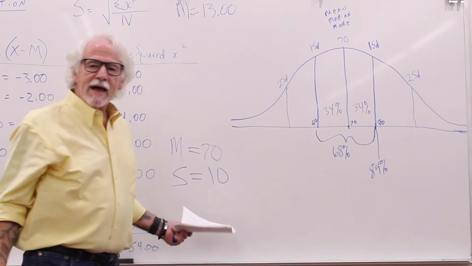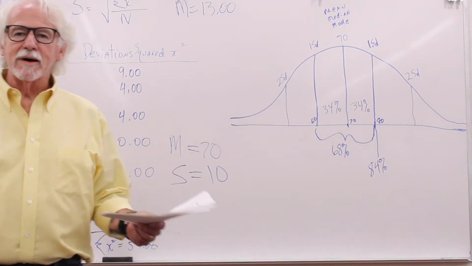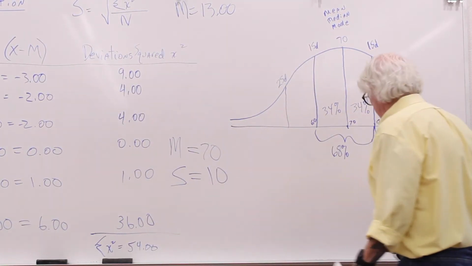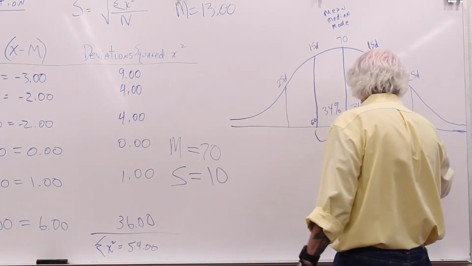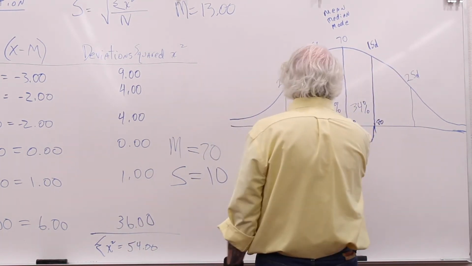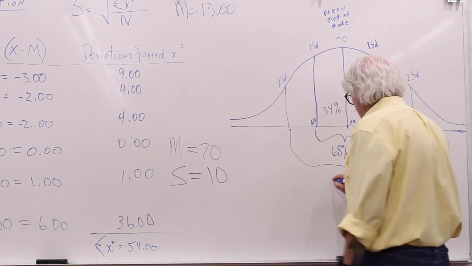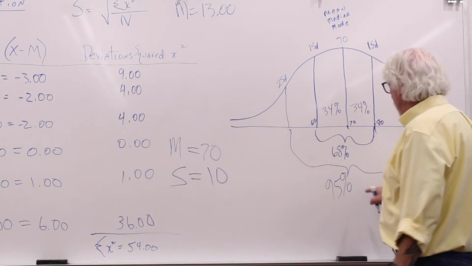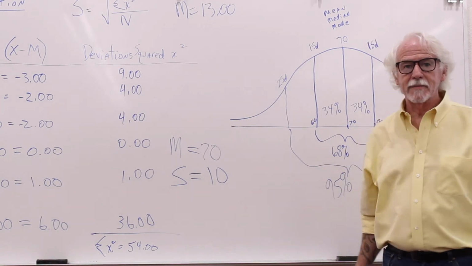Like here I said 10, it could be 5, it could be 8.6, it could be any number possible. But at two SDs, what I'm going to tell you is approximately 95% of your subjects will score within two standard deviations of the mean.